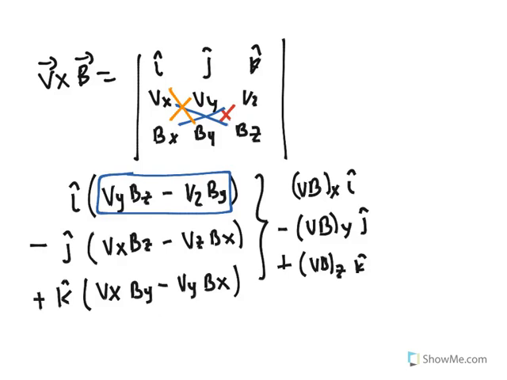And in order to get the force, we need to multiply term by term by q. So the force is going to be given by q times all the terms in each vector, right?